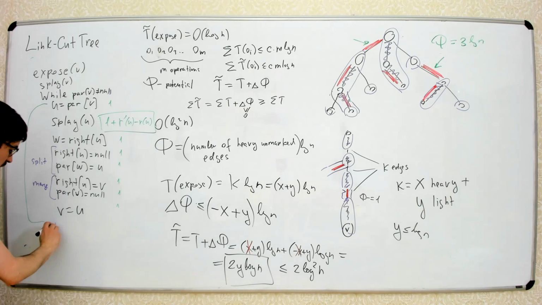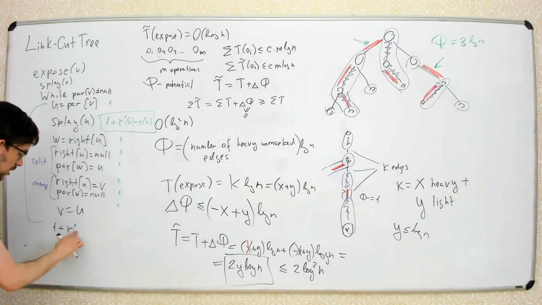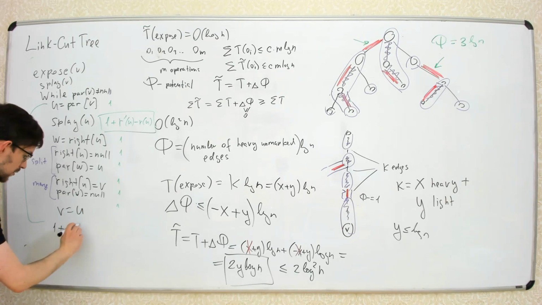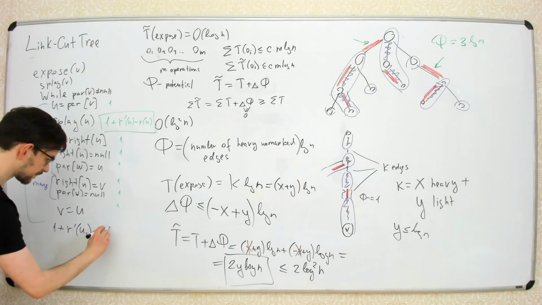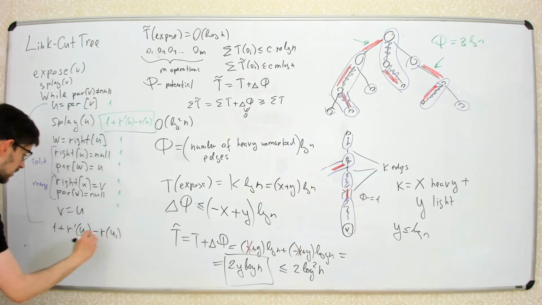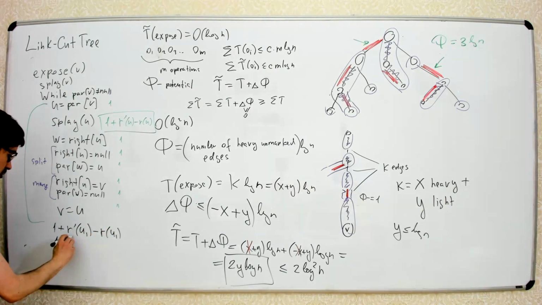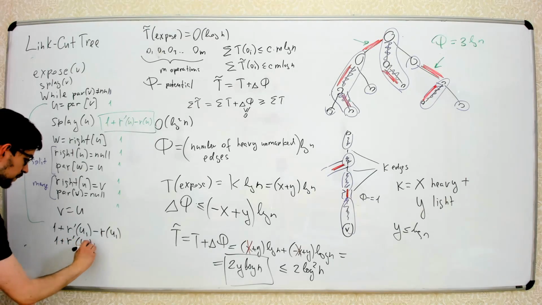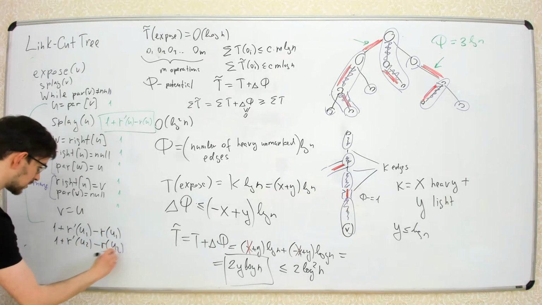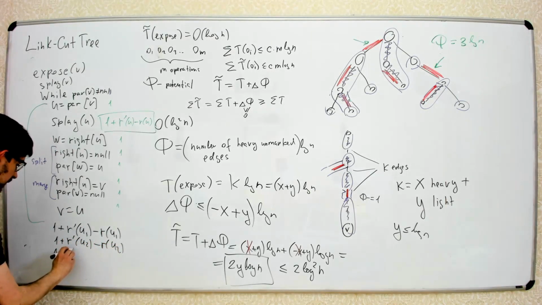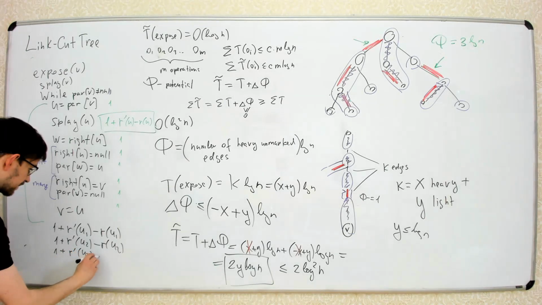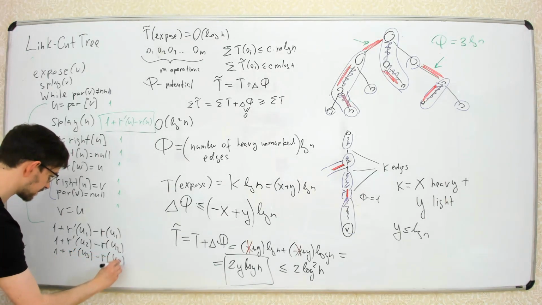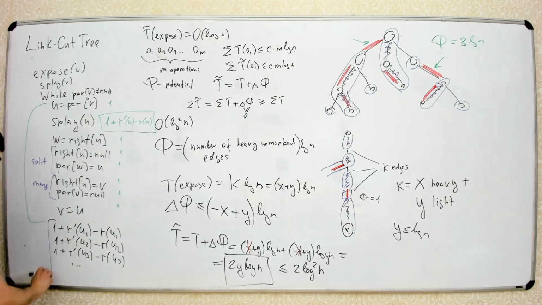The first Splay costs 1 plus the change of rank of U1, the second costs 1 plus the change of rank of U2, and so on.